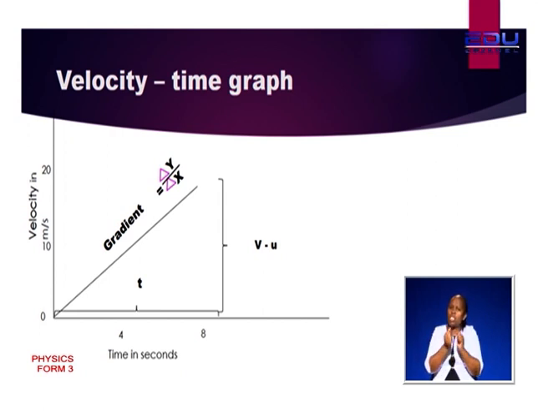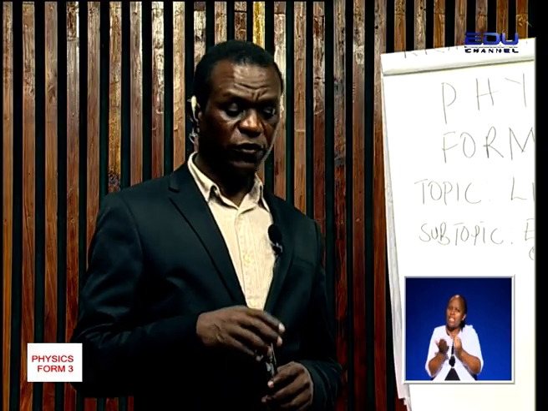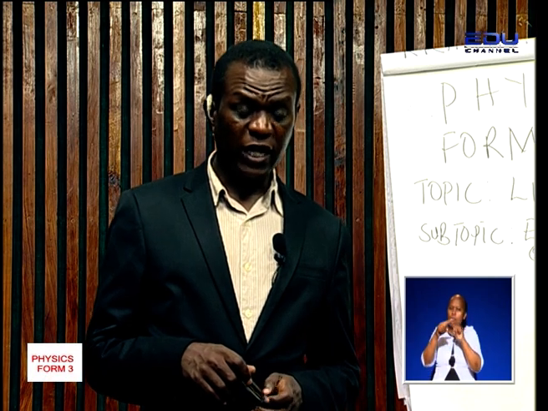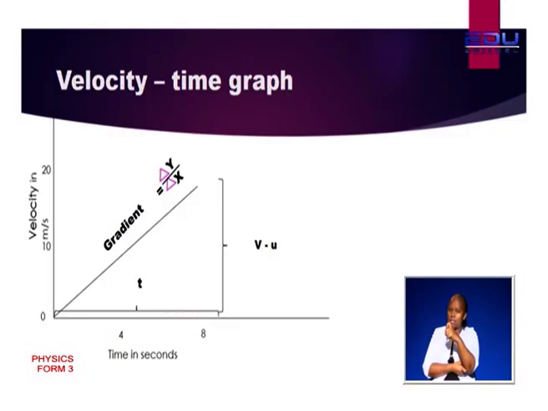So the change in velocity there is represented by v minus u, that is final velocity minus the initial velocity. When you divide that by the change in time, you get the gradient. You remember in mathematics you said that gradient is the change of y divided by the change of x. So that gradient is what?